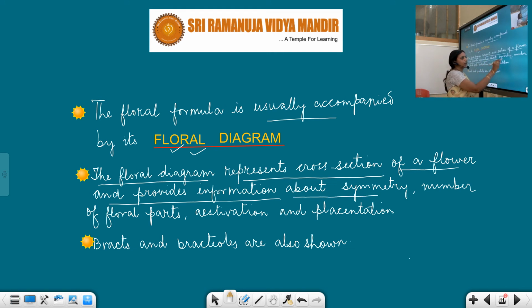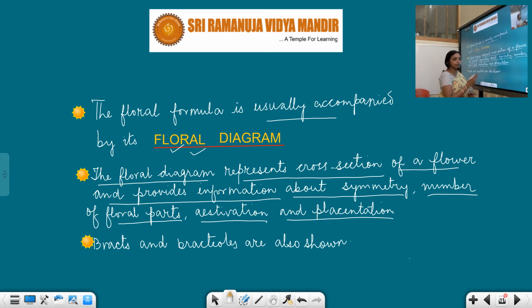The flower is shown in a cross section, that is called the floral diagram, and it represents the symmetry, whether the flower is actinomorphic or zygomorphic, and the number of floral parts, the estivation, how it is arranged, and the placentation also.